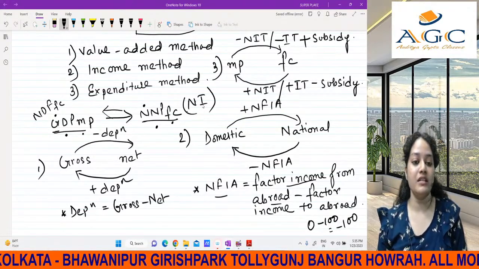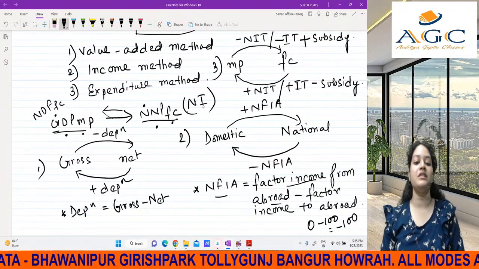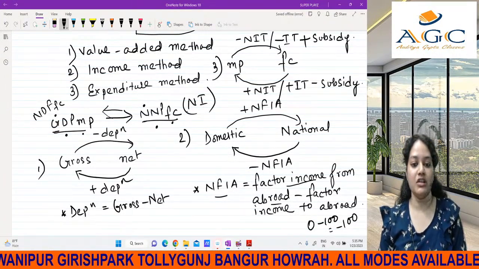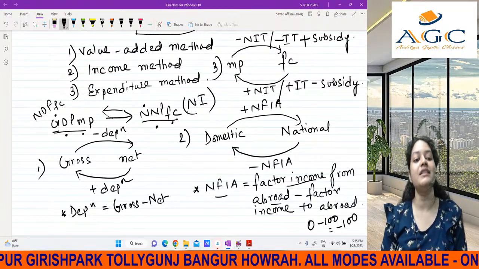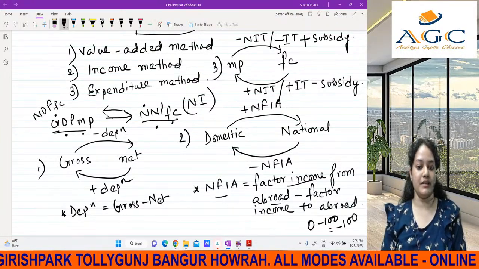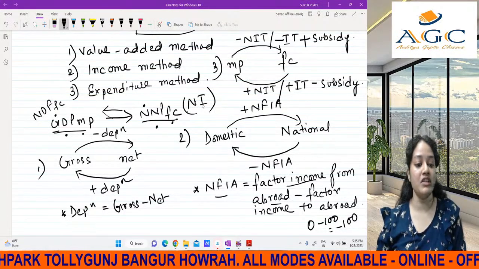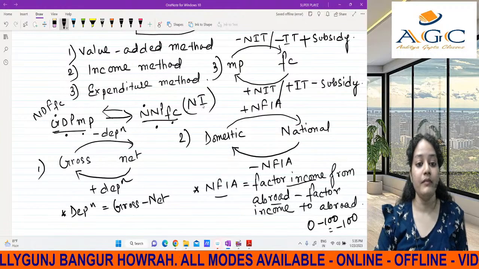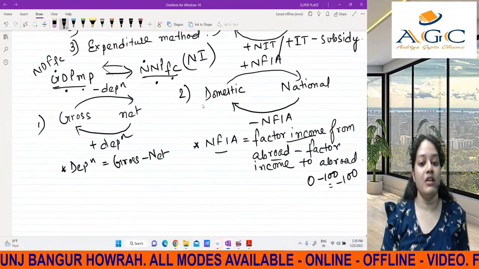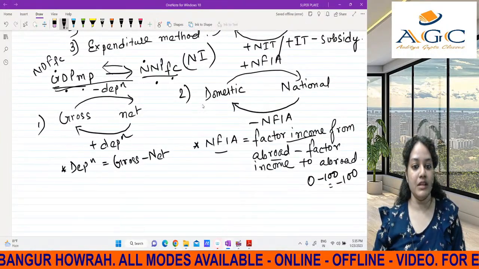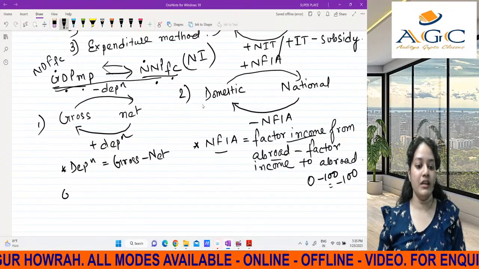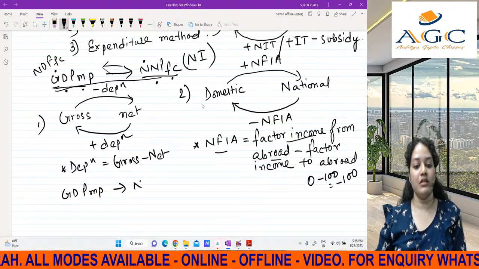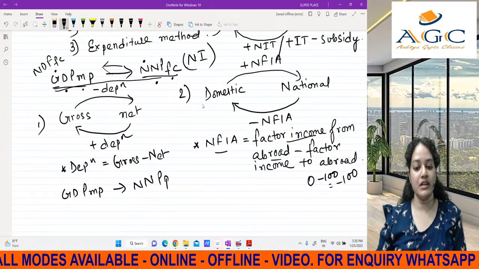But read the sums properly, because in some sums it might not be NNPFC but some other factor like NDPFC. If you know what changes you have to make, you can change it to anything. So now, if we want to do this whole thing as a whole, GDPMP to NNPFC, what are the things that we have to deduct and add?